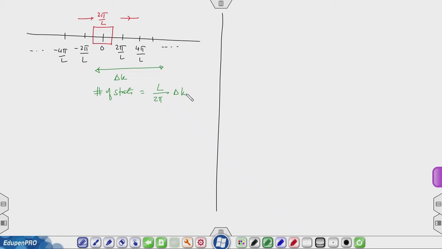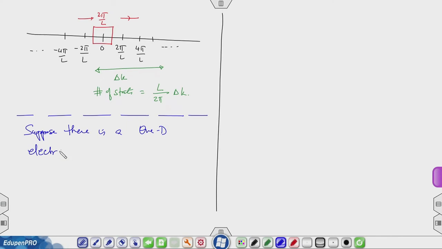Now, let us do some calculations. So, suppose there is a 1D electron gas with lambda electrons per unit length.